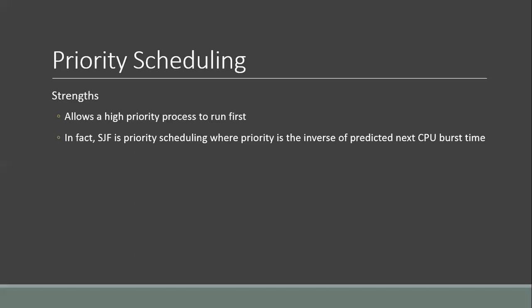So priority is the inverse of the predicted next CPU burst. And similarly, the lowest priority in SJF is that process whose next CPU burst time is the largest in comparison to the other processes in the system.